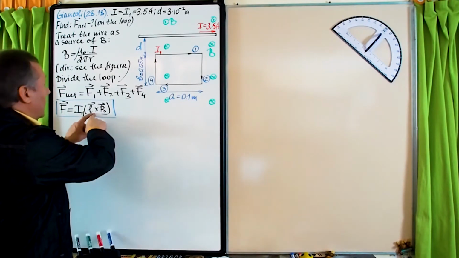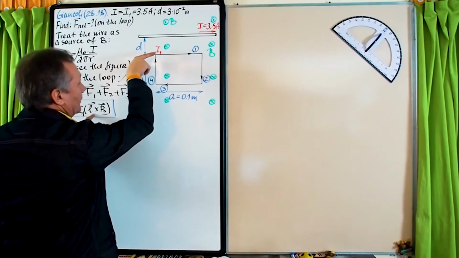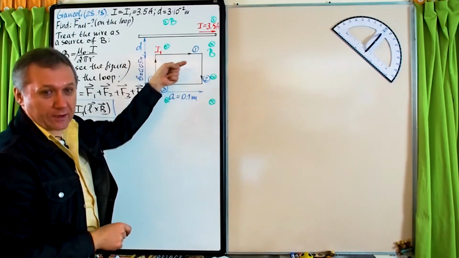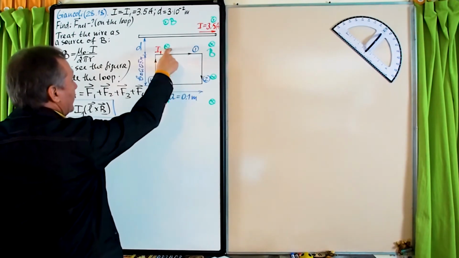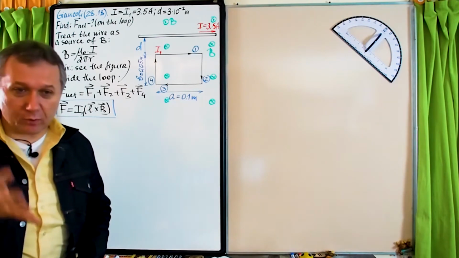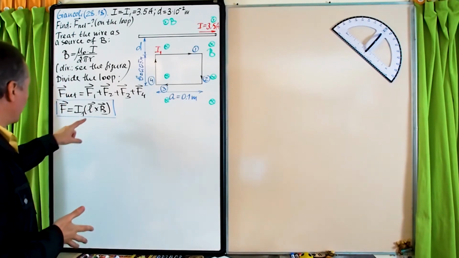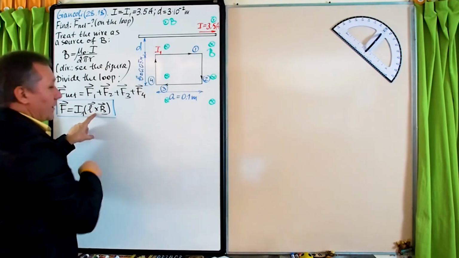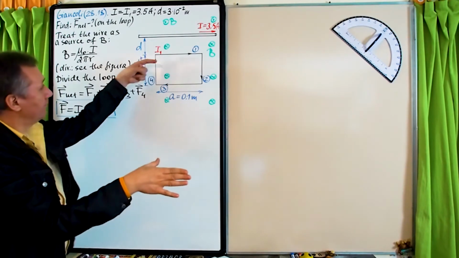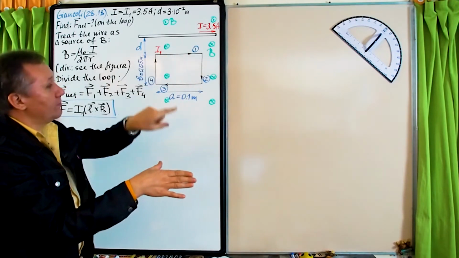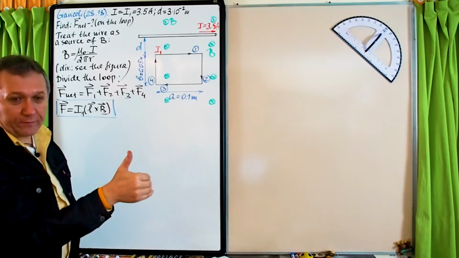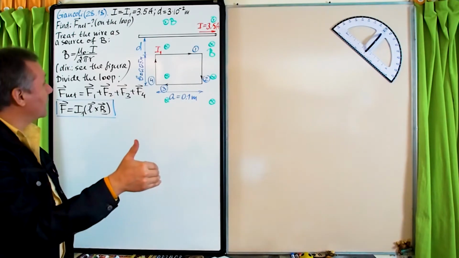So L is determined by the direction of the current. Current flows this way in the first part, so L is that way. The magnetic field is into the board. So, right-hand rule number 1, how to find the direction of the cross product. First, align your hand along the direction of L, that way, and then cross it with B. B is into the board, so I have to position my hand like this in order to curl my fingers in the direction of the magnetic field, right?